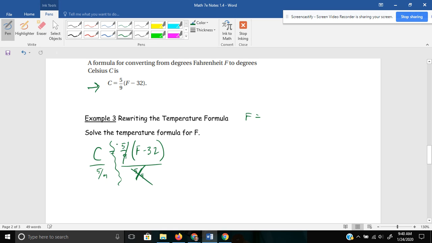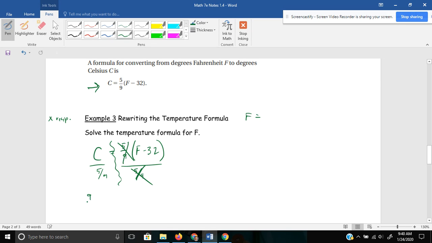It's 1. And remember, dividing by a fraction is the same as multiplying by its reciprocal. So dividing by 5/9 is the same as multiplying by 9/5.